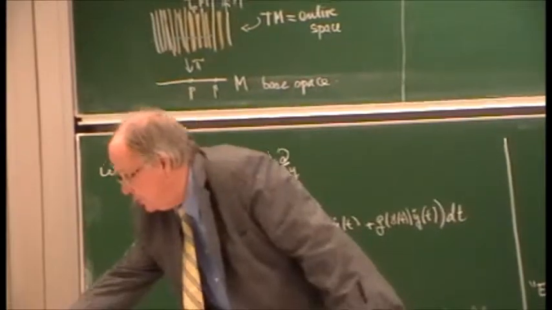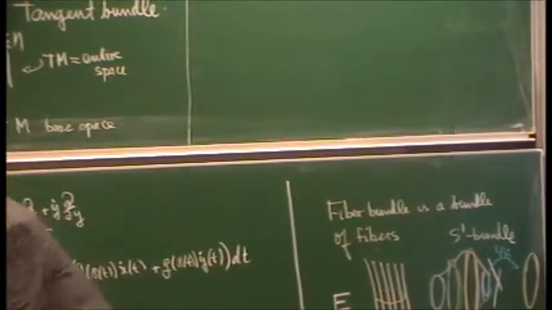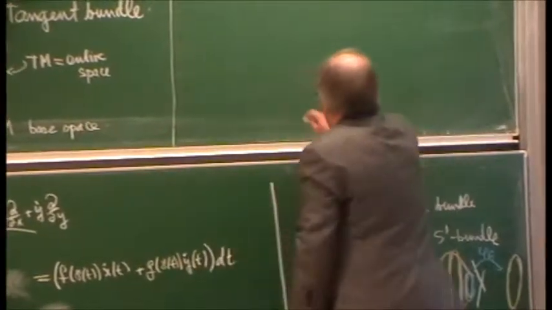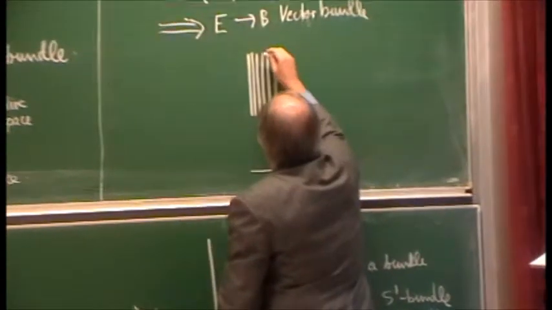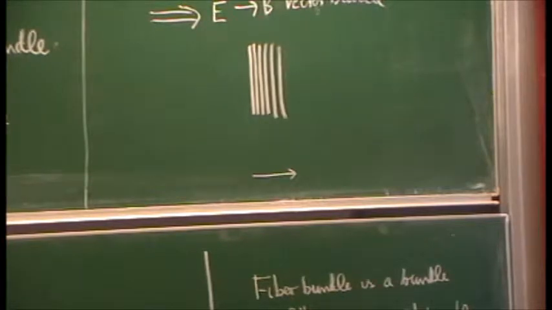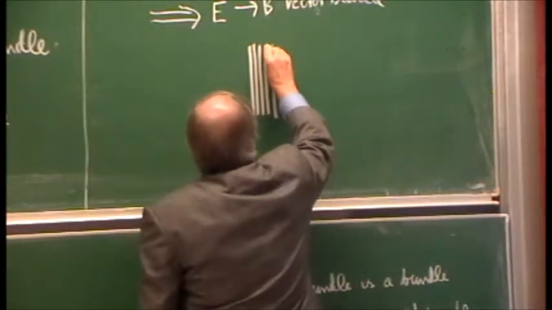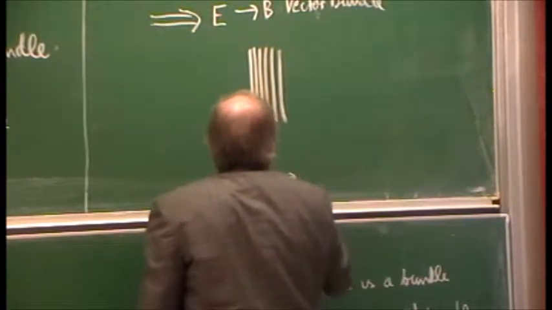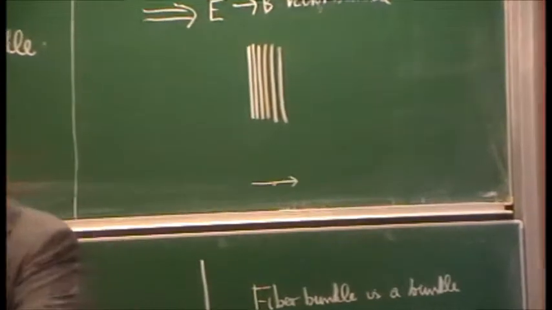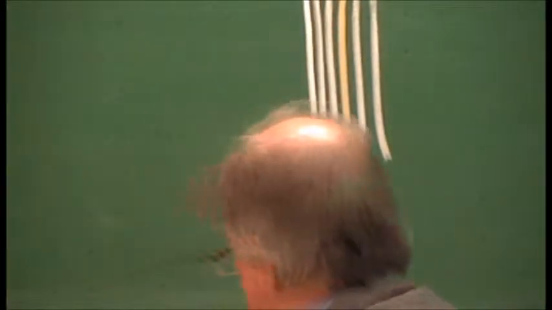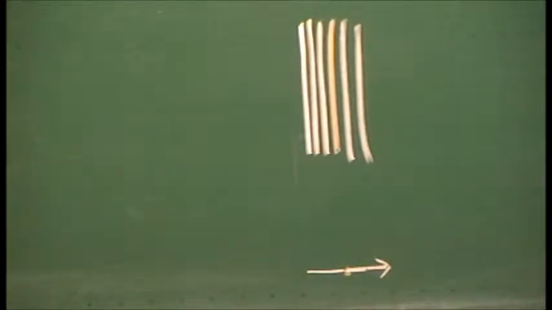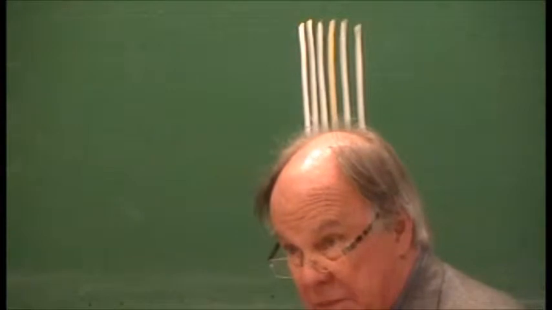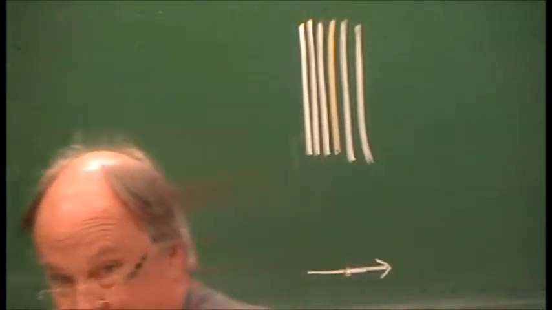Well, I'm going to draw a new picture here to clean it up. So here, let's say, is a basic fiber, here over this point, and I'm guessing what you're feeling is he wants to understand the smooth structure by taking a vector field on the base and lifting it, if possible.